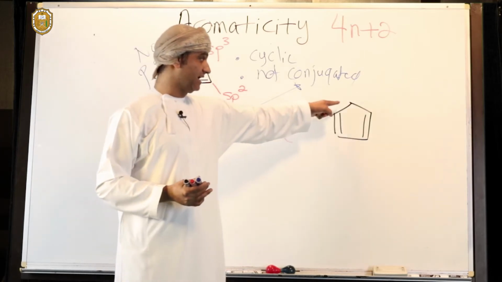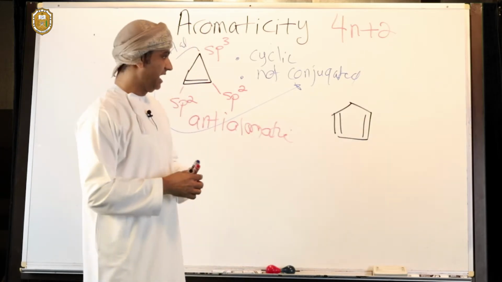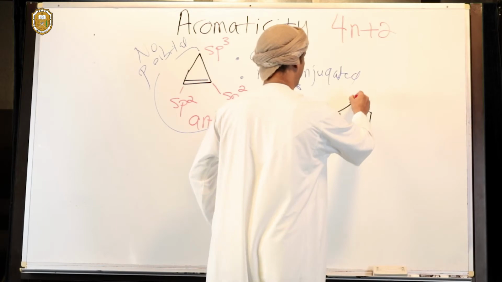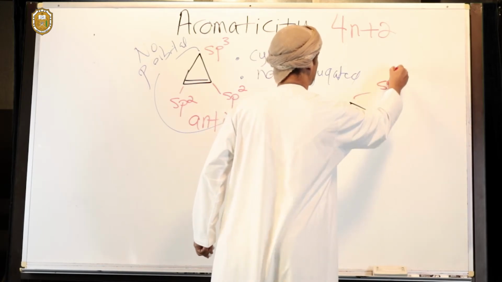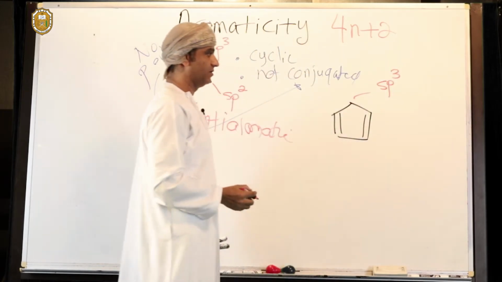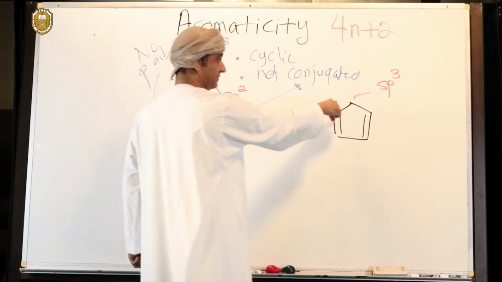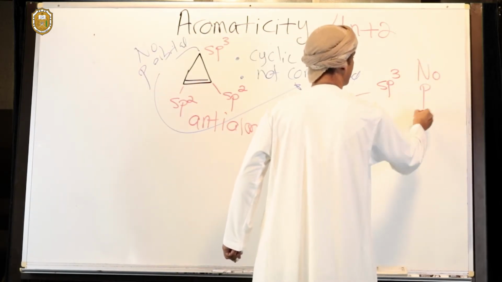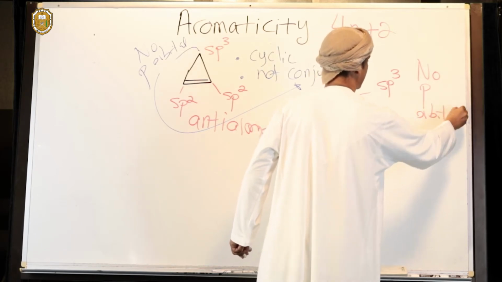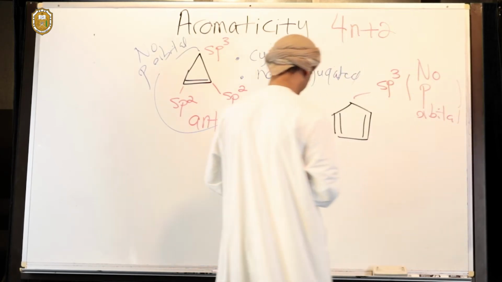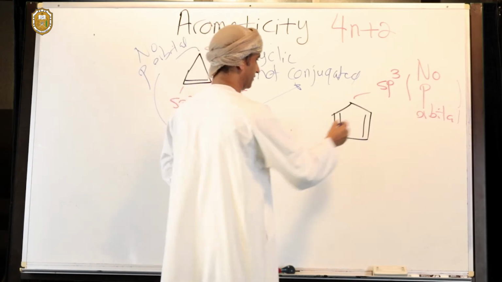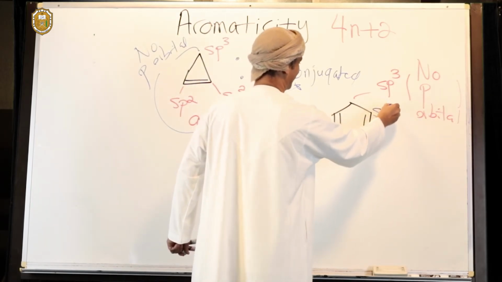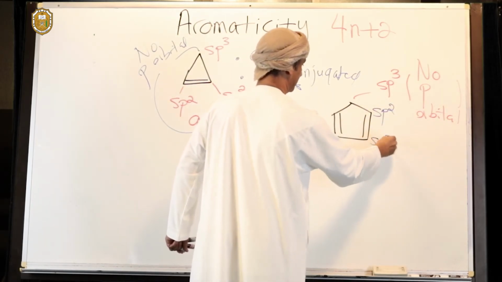That's because this carbon is sp3 hybridized, which is enough for this compound to be not aromatic or anti-aromatic. In other words, there is no p orbital, and that's very, very important as we now understand. Of course, other carbon atoms are sp2 hybridized as usual.